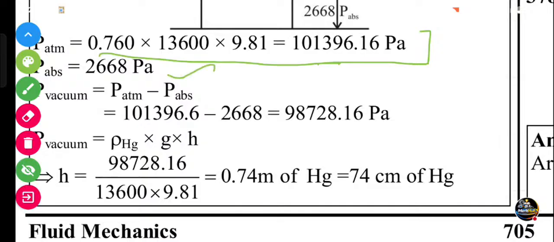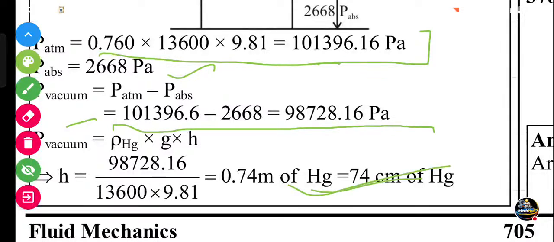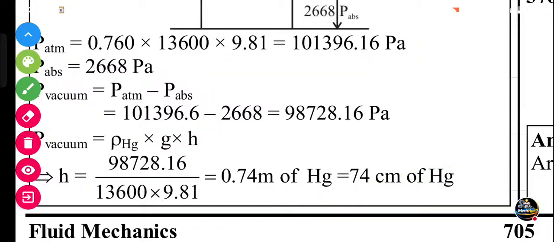The absolute pressure is 2668. The vacuum pressure is 101329 minus 2668. So vacuum pressure P equal to rho g h, you can get 74 centimeter of Hg.